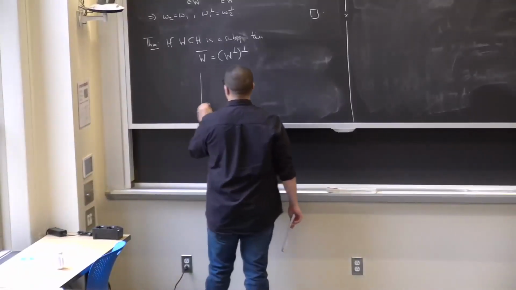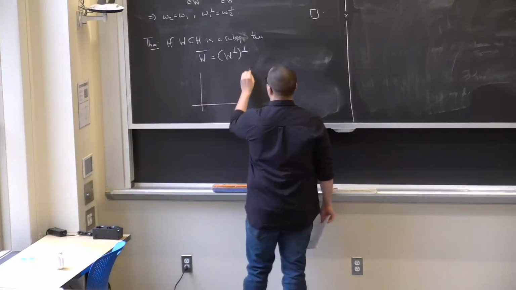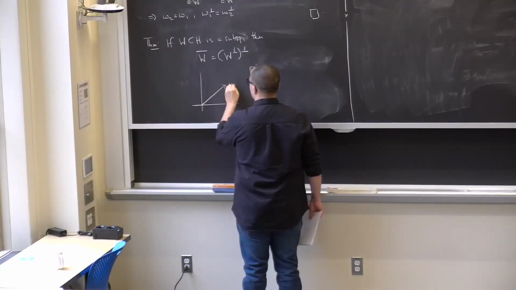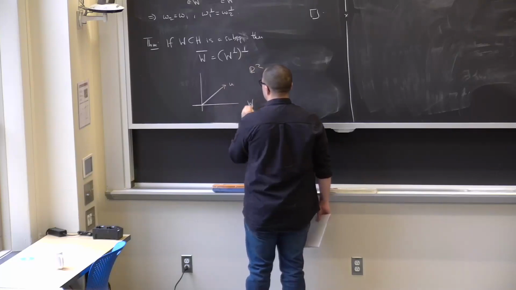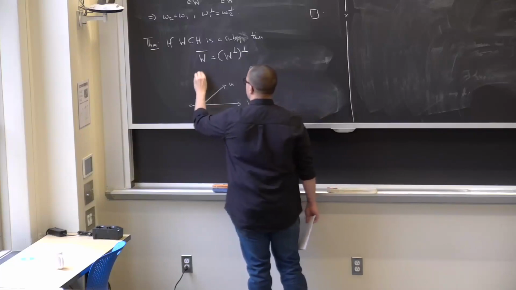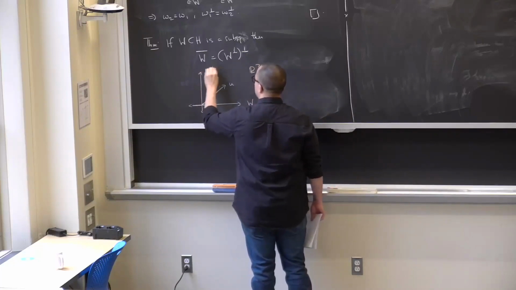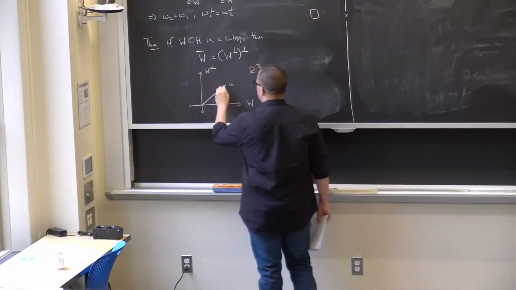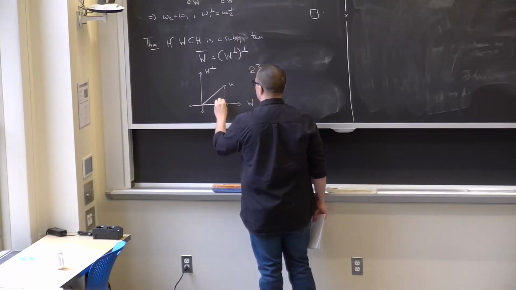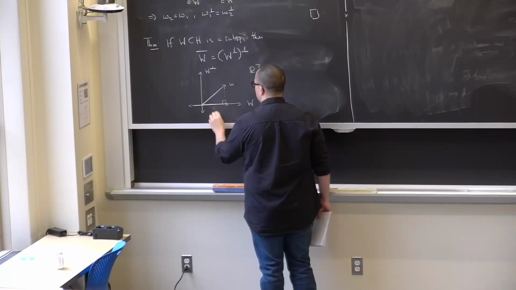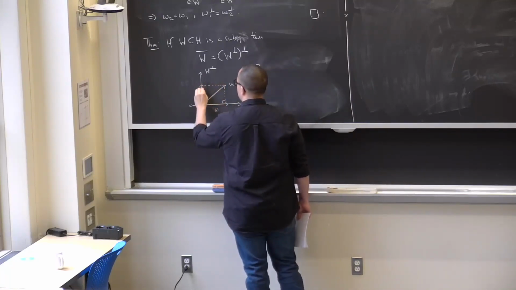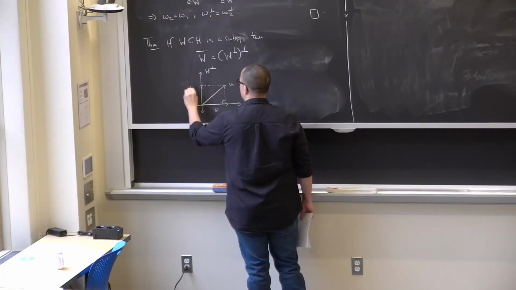So of course, in R2, if I have an element U, let's say W is the x-axis, W perp would then be the y-axis, and this would be the part that's in W. This vector would be the part that's in W perp.